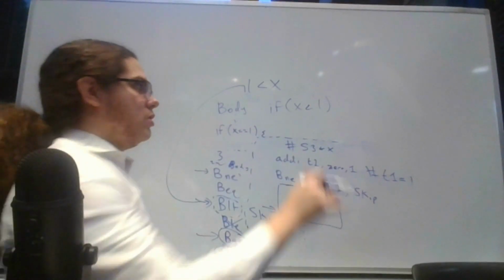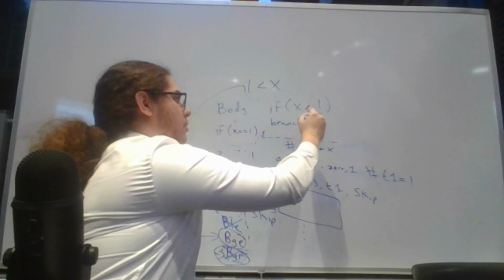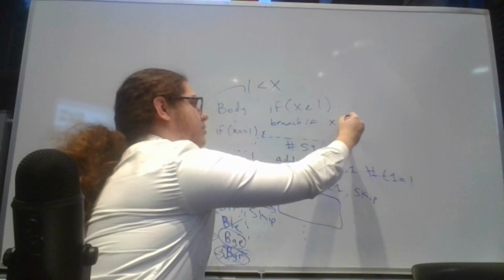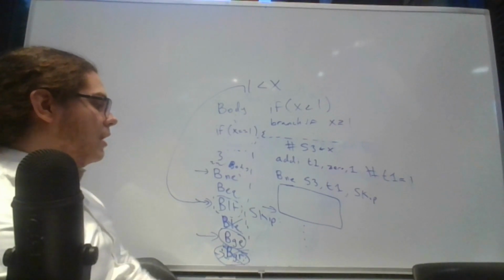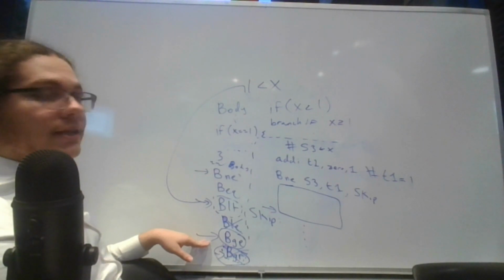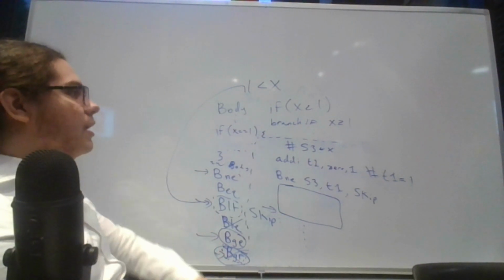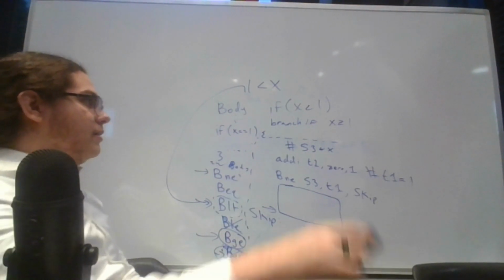So you negate the condition and you get the following. So you want to branch if x is greater than or equal to 1. Now here, x is greater than or equal to 1, that is one of my instructions, so that gets implemented directly. If instead I had, let's do it the other way.